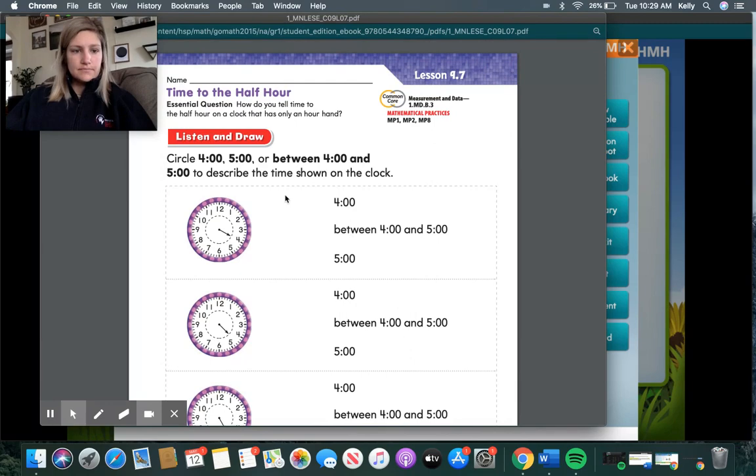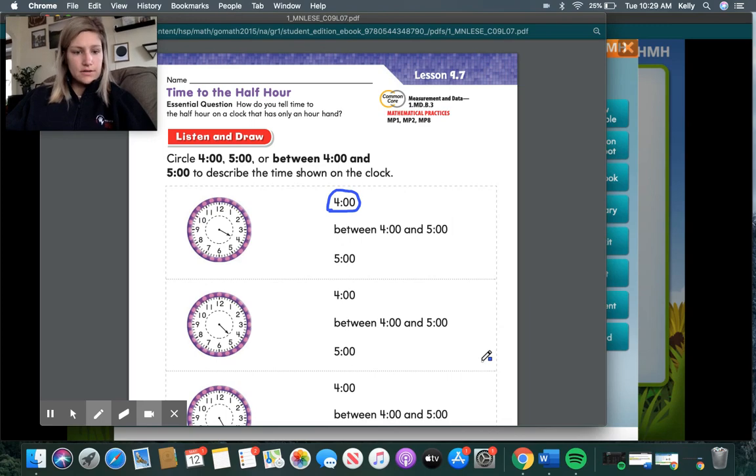It says, circle 4 o'clock, 5 o'clock, or between 4 and 5 o'clock to describe the time shown on the clock. So all you're going to do is look and see where the hour hand is pointing. So let's look. I see it pointing right at the 4 here. So you're going to take your pencil and we're going to circle 4 o'clock, okay? Because the hour hand is pointing right at the 4.